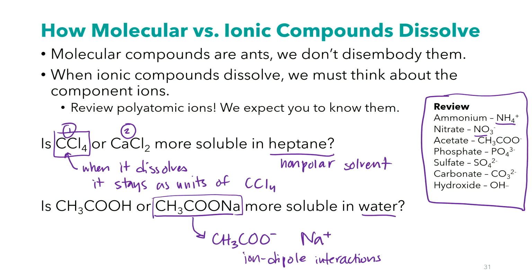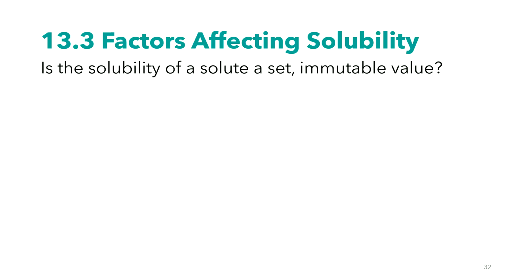Okay, so question. If I were to ask you now, is the solubility of a solute a set immutable number? So for example, can I just tell you that the solubility of NaCl is 35 grams? Does that make sense? No, that doesn't make sense.